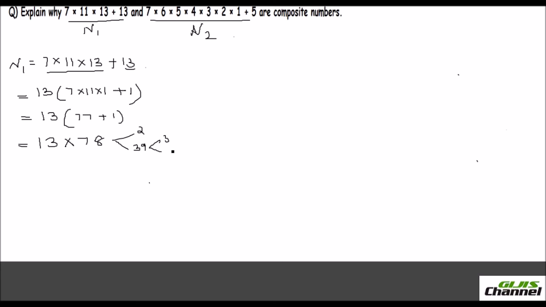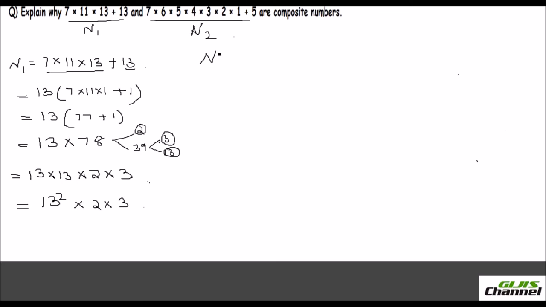It is 3 times 13. Okay, so I got all these as prime numbers here. So I can write this as 13 times 13 times 2 times 3, so this is 13 squared times 2 times 3. All the numbers are prime, right? So we can say it is a composite number.